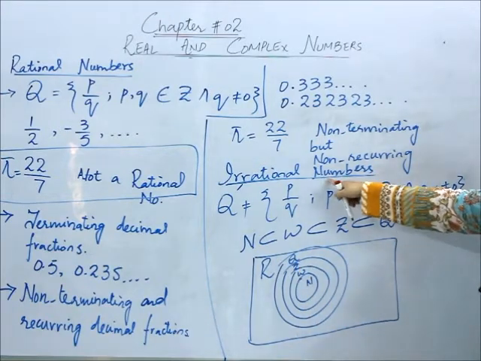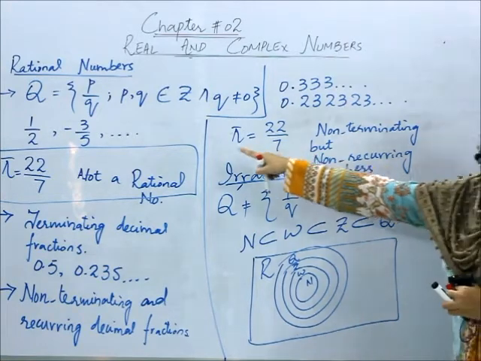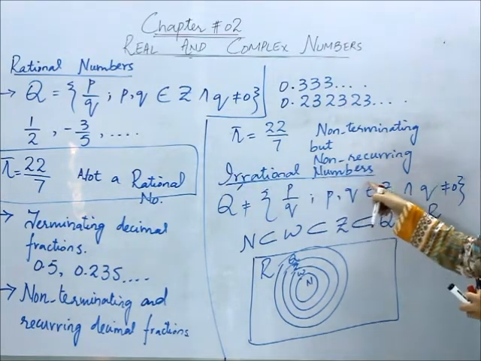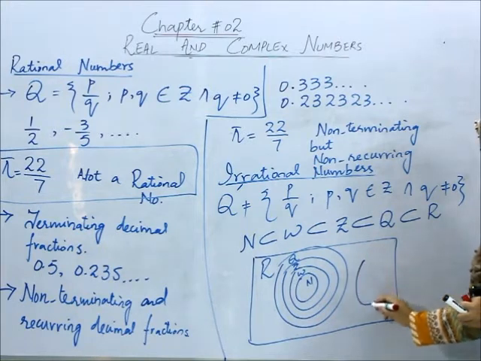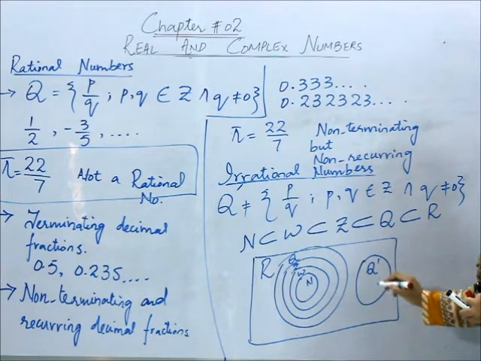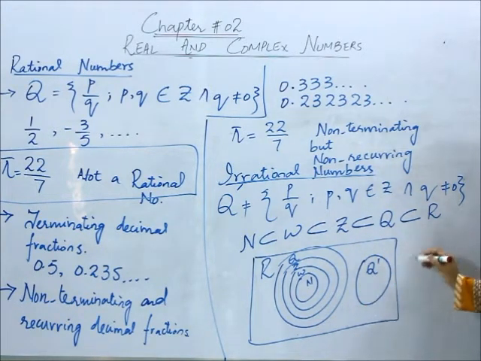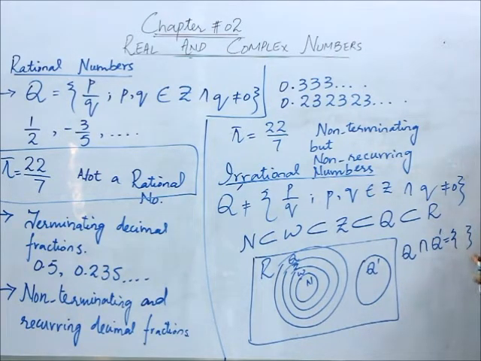But what about the irrational numbers? The numbers which are rational are not irrational. It means rational and irrational are totally different. So what can we say? The intersection of rational numbers and irrational numbers is what? The empty set, or null set, or phi.